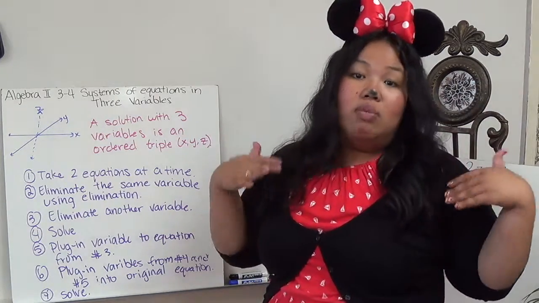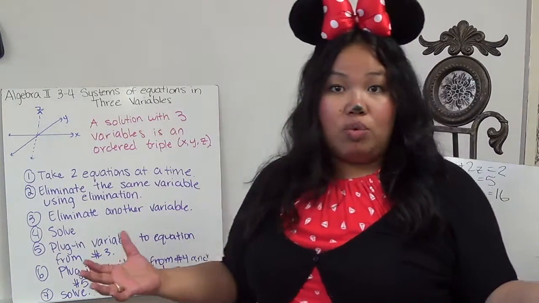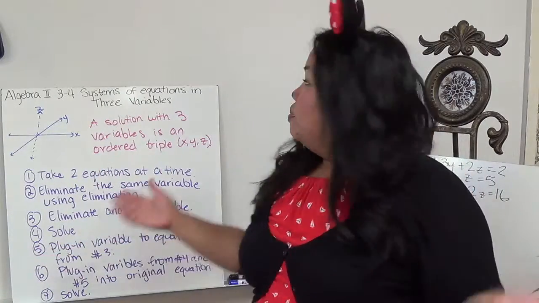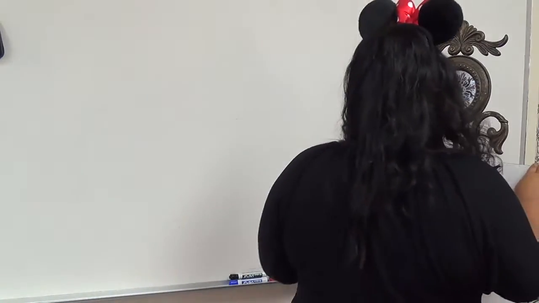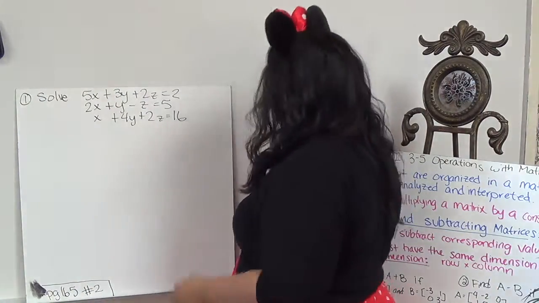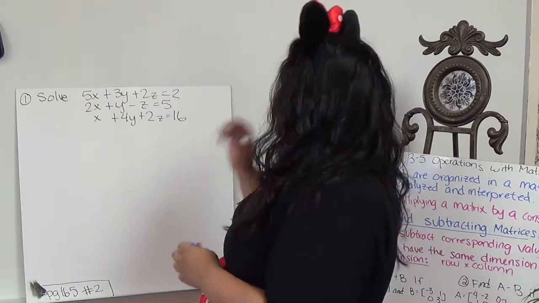That's a lot of words, but let's go through an example, and it's not too much more difficult than what you're used to in systems of equations with 2 variables. So, in this case, this is what we're dealing with. I know, overwhelming at first, but we can do this.